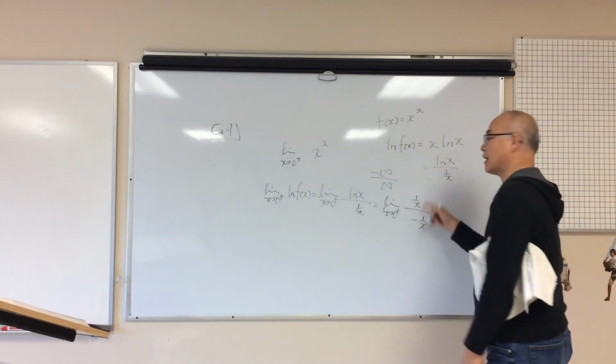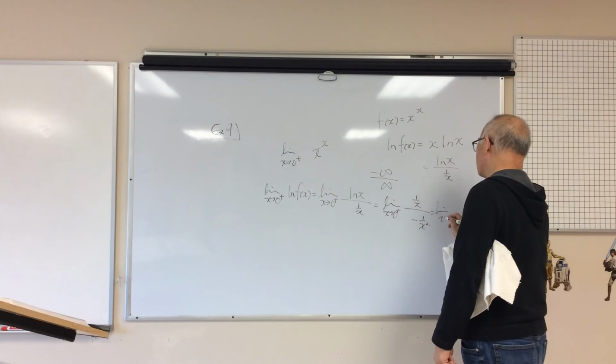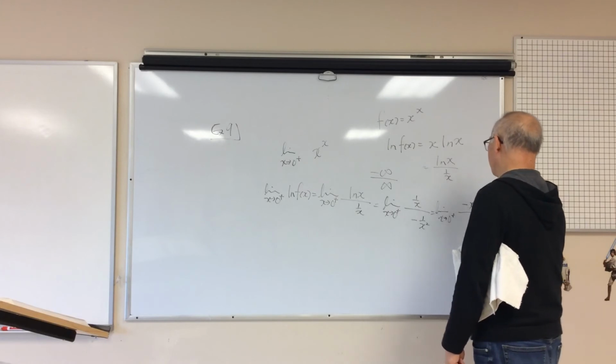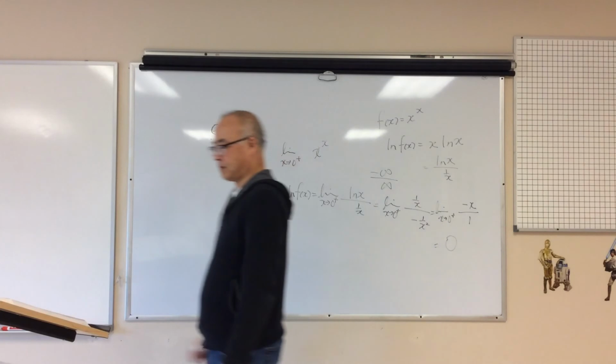If I multiply top and bottom by x squared, I get the limit as x approaches 0 from the positive side of negative x over 1. So in other words, I'm going to get 0.